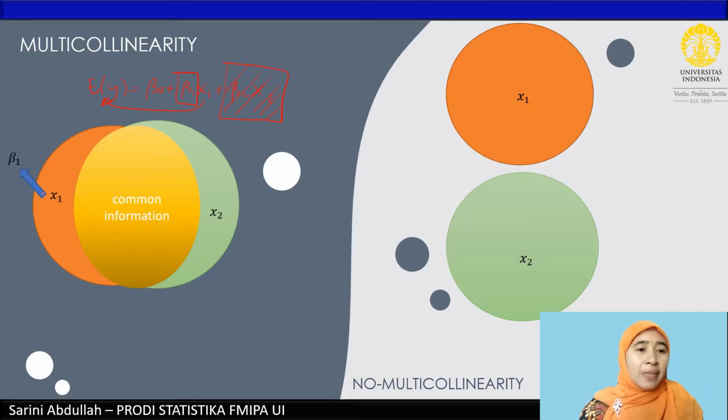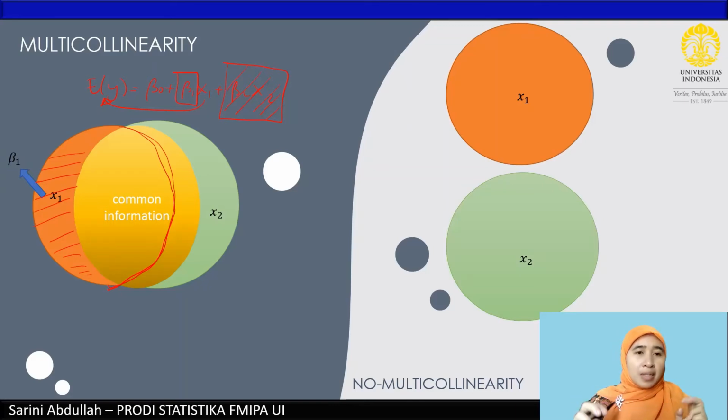So when there is multicollinearity, although the contribution of x1 is, let's say, this much, measured by the orange circle before, since there is some common information with x2, the contribution of x1 now is actually just this much. While when there is no multicollinearity, the contribution of x1 is still this much. So the contribution is masked by the effect of the other covariate that is correlated with x1.